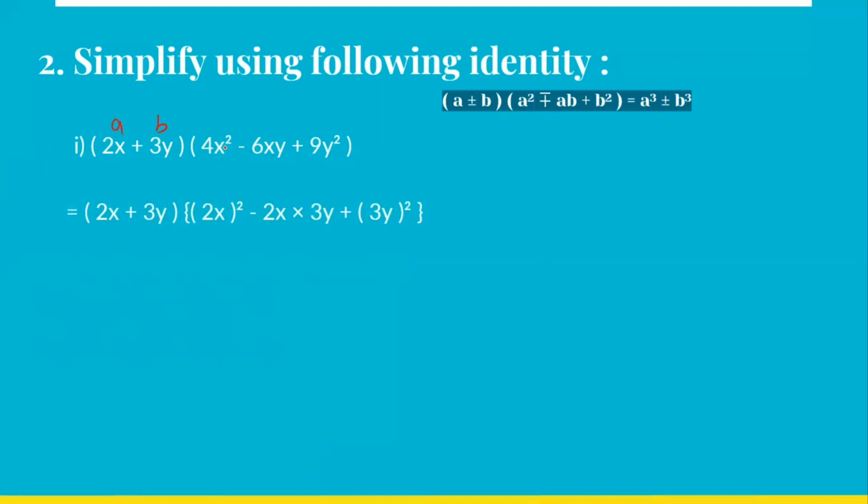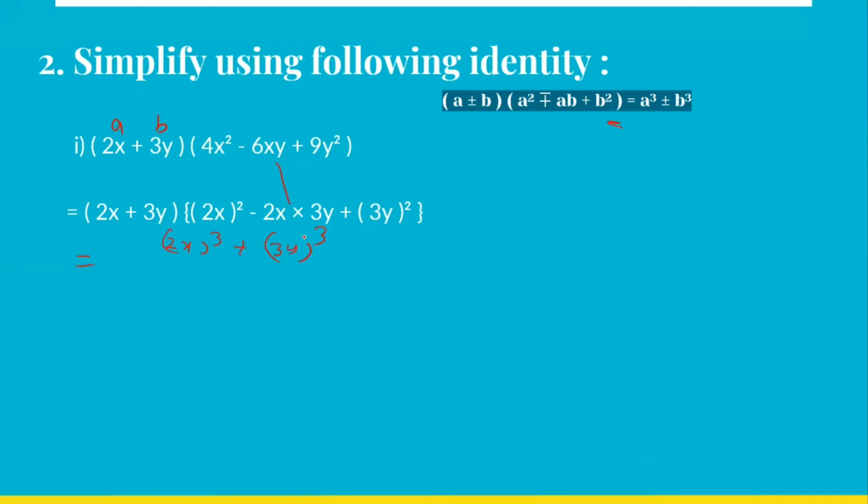So is this in the form of a square minus ab plus b square? Yes. 4x square is the square of 2x. Now a is 2x, b is 3y, so 2x into 3y, 2 threes are 6, 6xy. Yes, this is matching. And 3y is b, so b square is the whole square, so 9y square is the square of 3y. So yes, this is nothing but the expansion of 2x the whole cube plus 3y the whole cube.